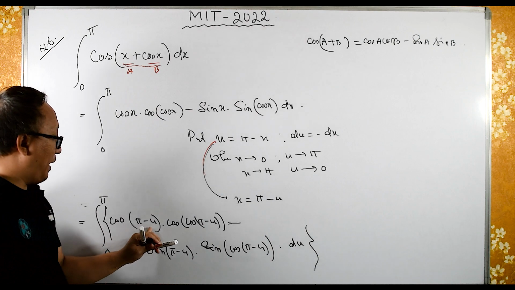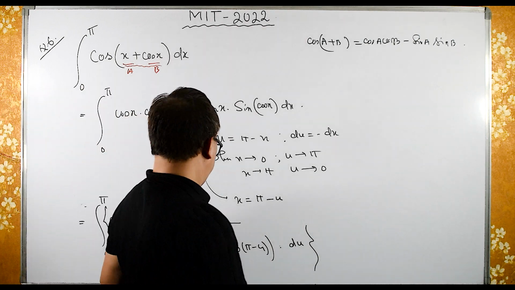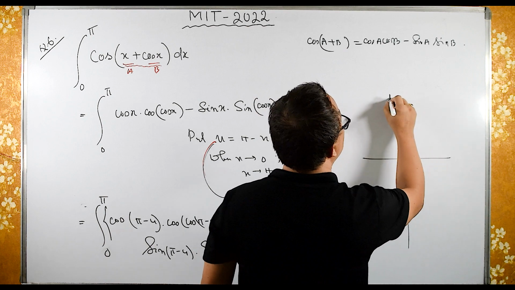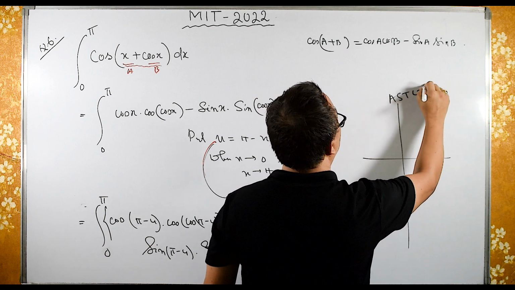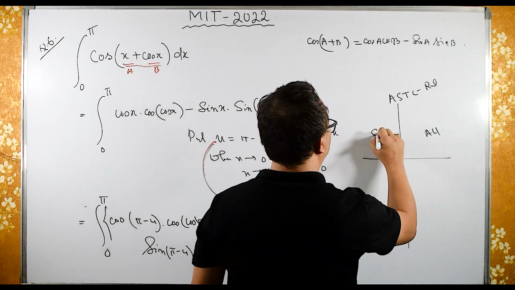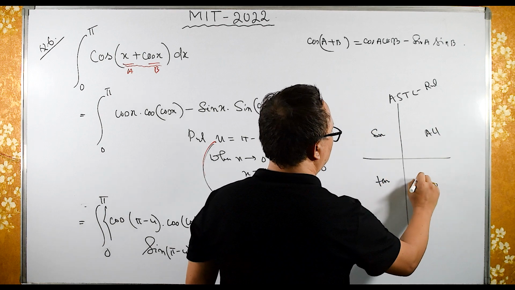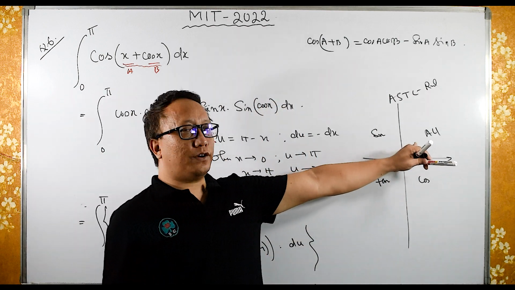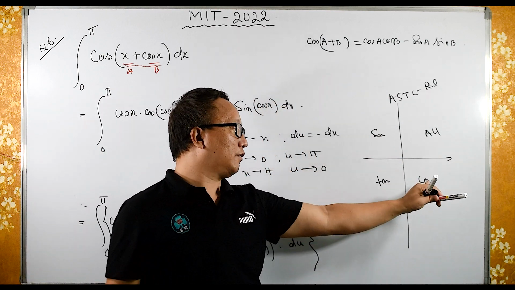Now what is cos of pi minus u, and what is sine of pi minus u? Here we have the ASTC rule: all, sine, tan, cos. Here is the first quadrant, second quadrant, third quadrant, and fourth quadrant.